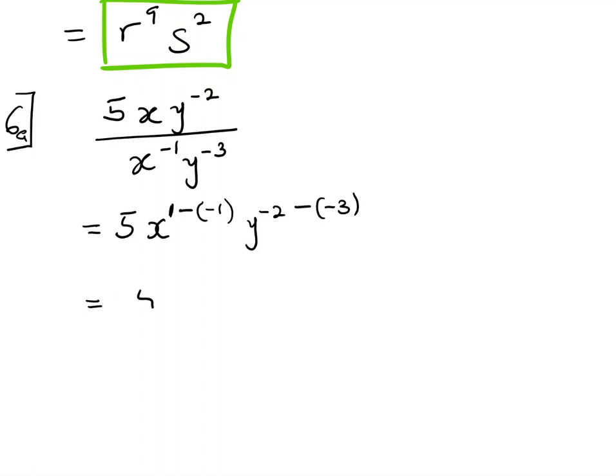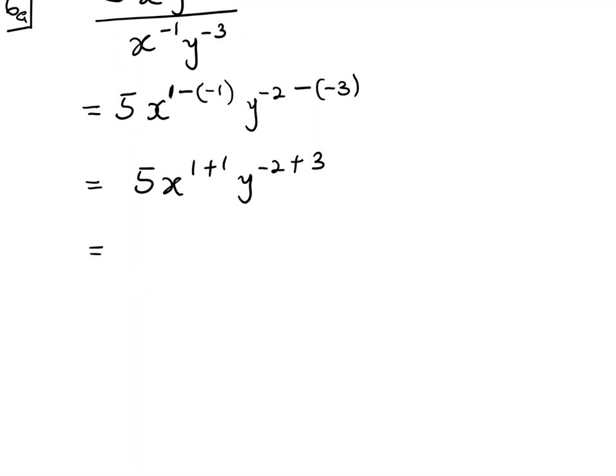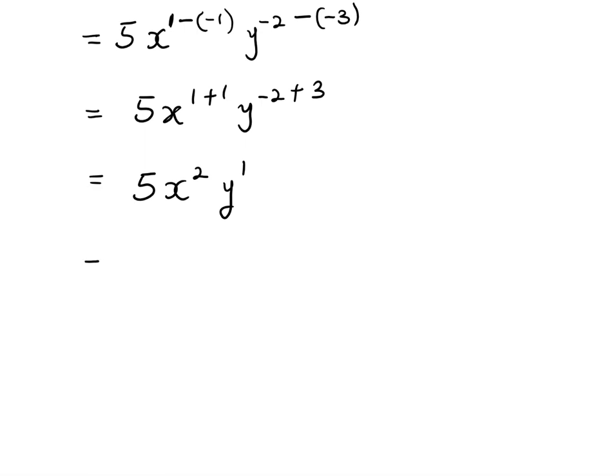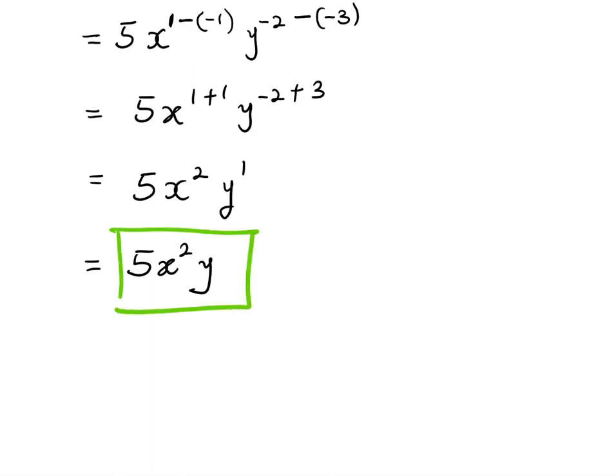So that is 5x raised to power 1 plus 1, then y -2, minus times minus, that is plus 3. So that is 5x raised to power 2, then y -2 plus 3 will give you 1. So we can say our answer is 5x squared y. So that is our answer for that problem.